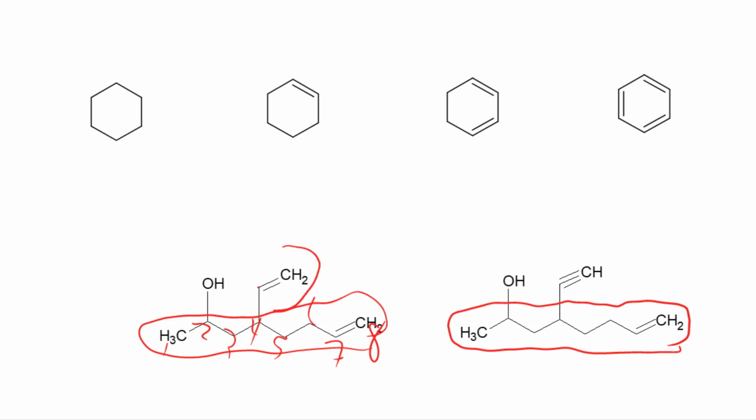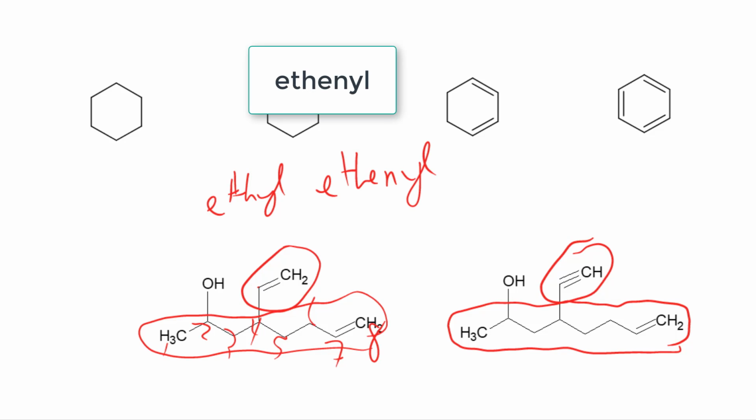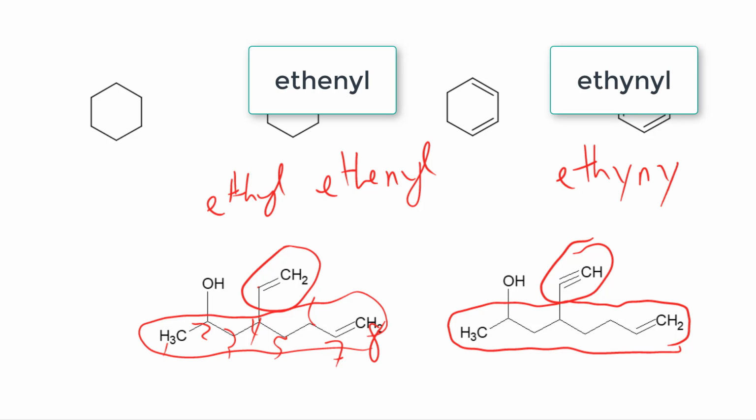So that means this becomes a side group hanging off. It's a 2-carbon chain in both cases. Normally this would be an ethyl group if it was just an alkyl group, but it's not. It's an alkene and an alkyne. So this will be an ethenyl group, and this will be an ethynyl group.